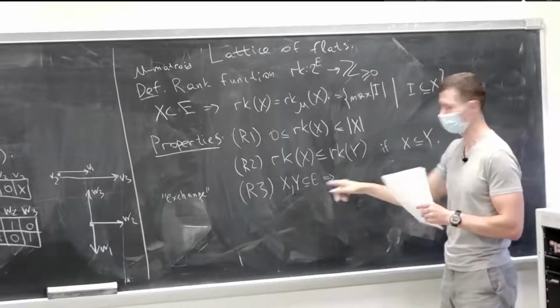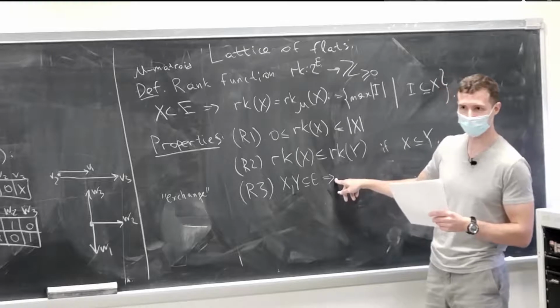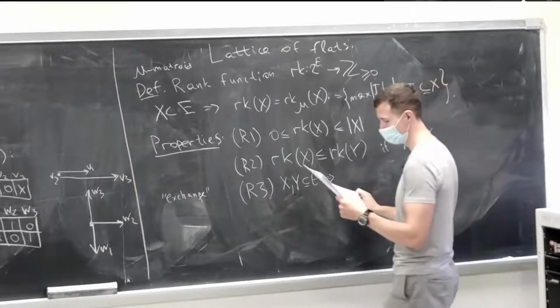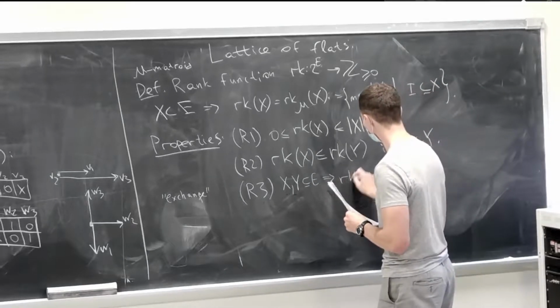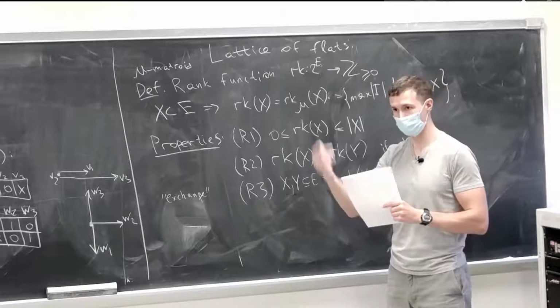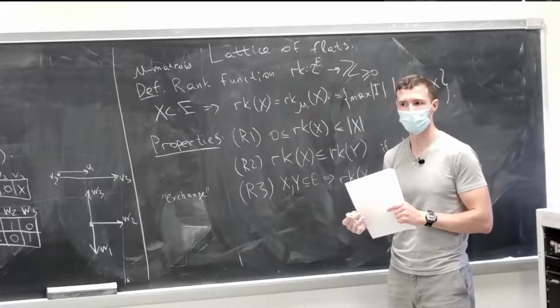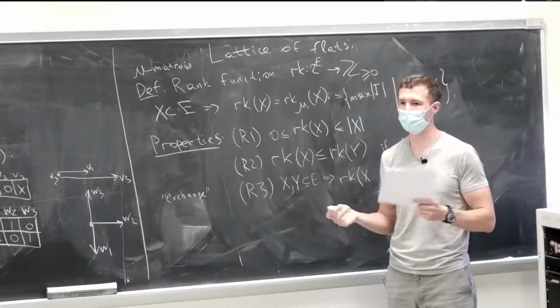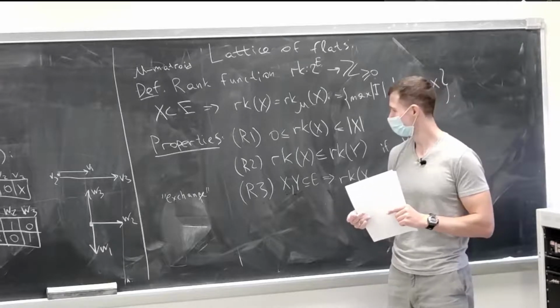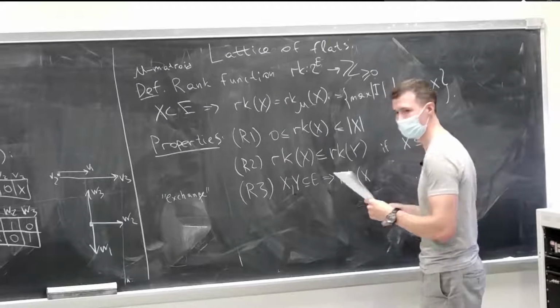Any other guesses? No. Yeah, let me write down the condition. So the condition is that the rank of X, sure. Yeah, go ahead. What? Oh, I don't know who just said that. Oh, all right.